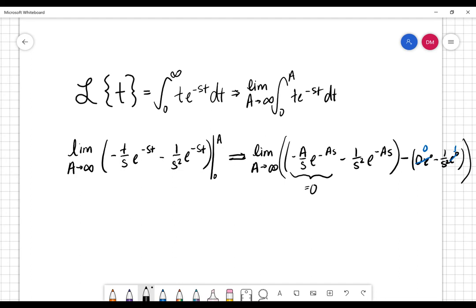So this limit is equal to 0. And then we'll see that the same thing happens right here because our exponential piece overrides everything. So the limit of that is also 0. So when we approach this limit as a goes to infinity, 0, 0, and we're left with this little piece at the end right here. So this just leaves me minus a negative 1 over s squared, which is a positive 1 over s squared.